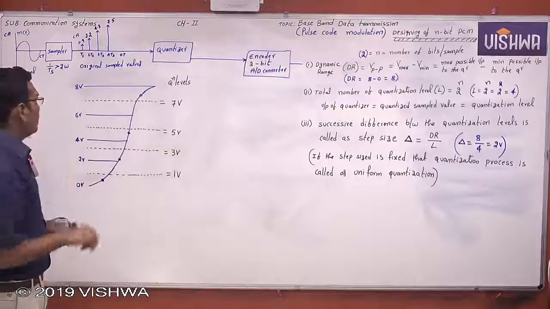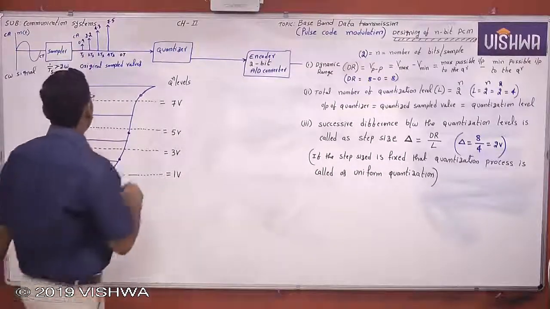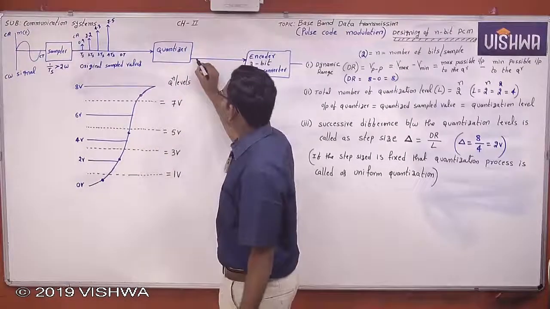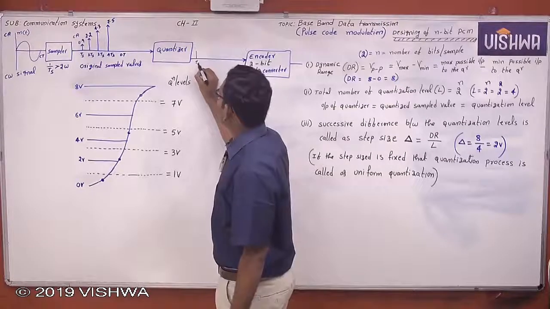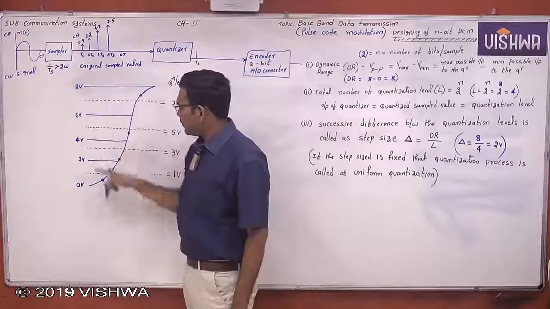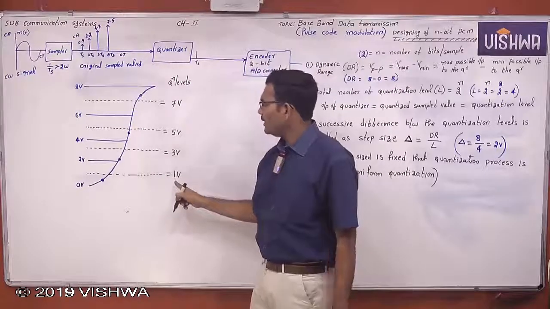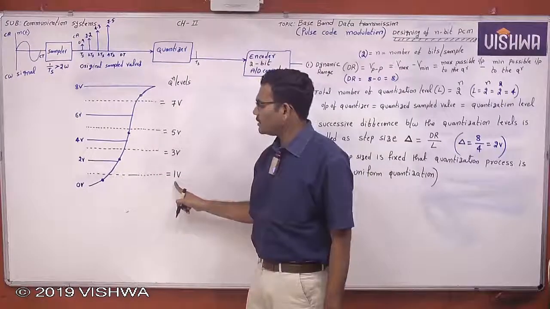Now this is the original sample value. At Ts, what is the original sample value? 0.9. This sample value is rounded off to the nearest quantization level.